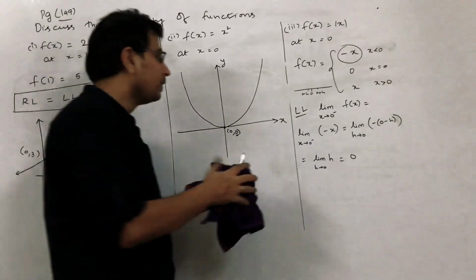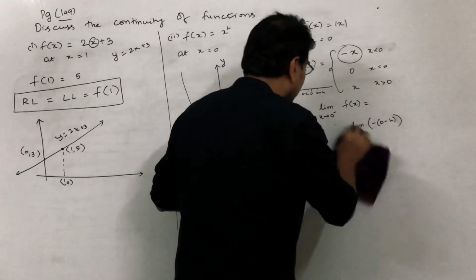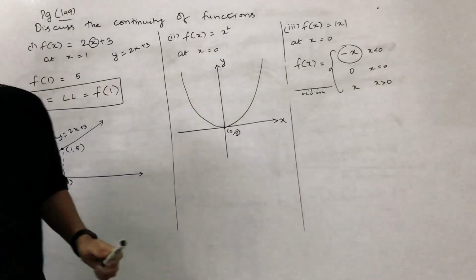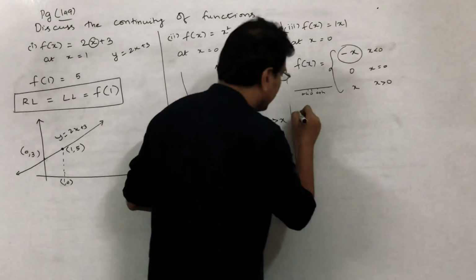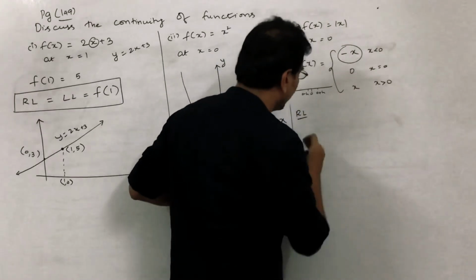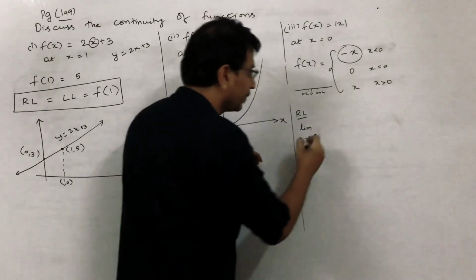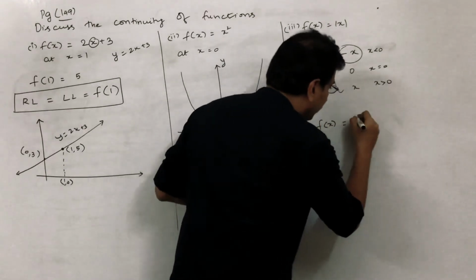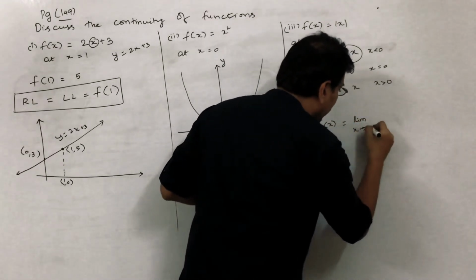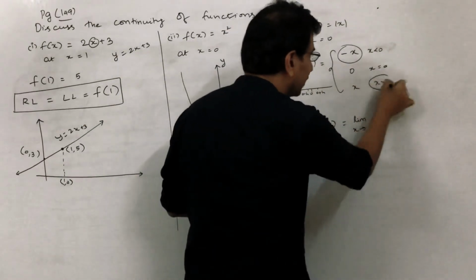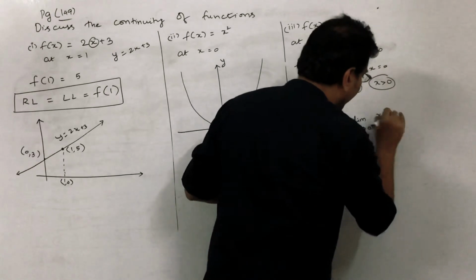Similarly, when you take the right limit, what happens? It is limit x tends to 0 plus f of x. That means you are approaching from the right of 0. 0 plus h means when something is greater than 0, you take it as x.